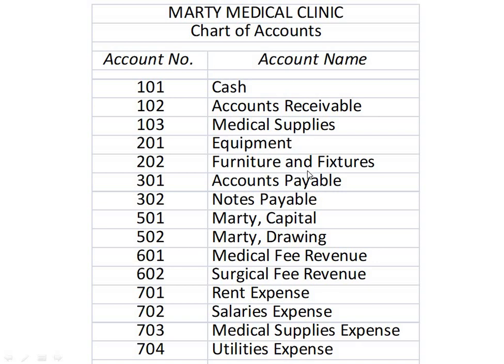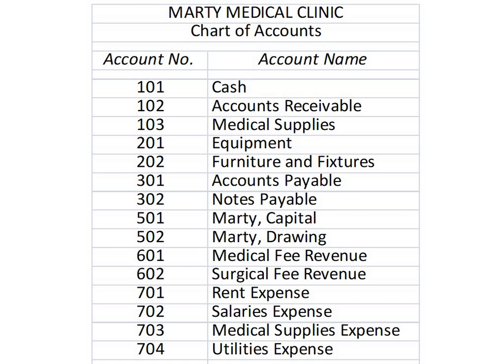I said normally because, as discussed in another video, the industry practices constraint allows some companies, like those in the utilities industry, to show their non-current assets first before their current assets to emphasize their large investments in long-term assets.